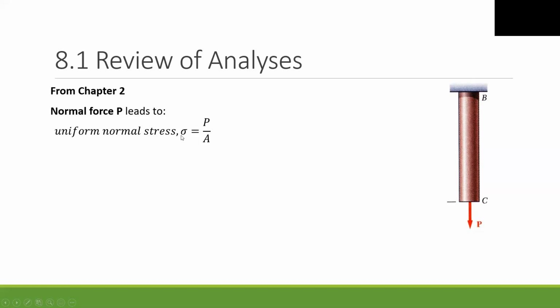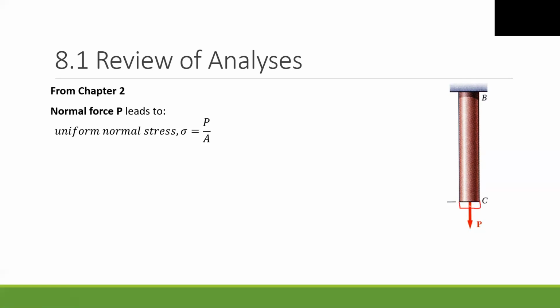Normal stress we define as sigma. The value of the normal stress is equal to the normal force divided by the gross area, the standard area, not the net area.